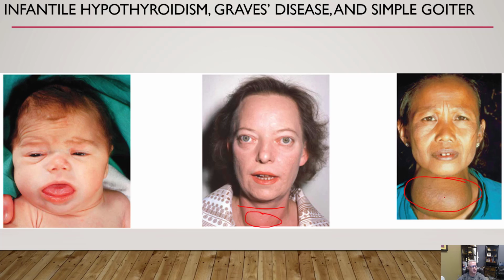You can see with both hyper and hypothyroidism, you can see enlargement of the thyroid gland. So just because you have a goiter doesn't necessarily mean you have hyperthyroidism or hypothyroidism. Additional testing will be needed, but you can see the presence of a goiter with hyperthyroidism or hypothyroidism.